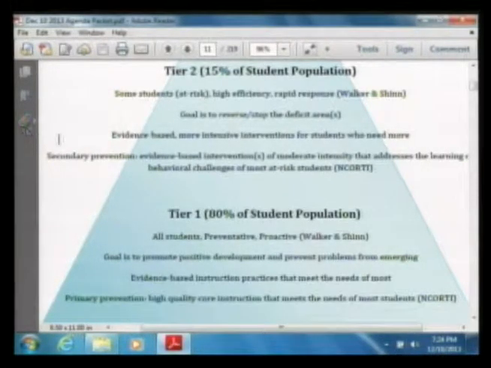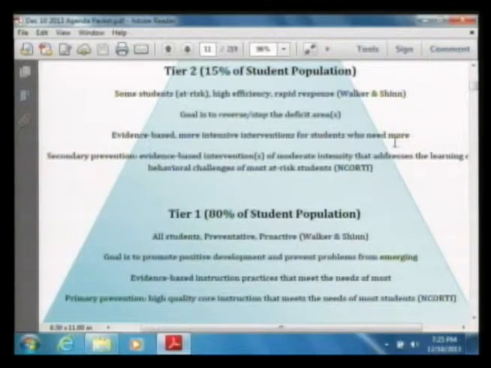So Tier 1 includes all of our students. We want to have 80% of our student body receiving high quality instruction with no additional interventions. So that is our goal that we're trying to get to. RB is still wanting to get to that goal. We're not there yet.